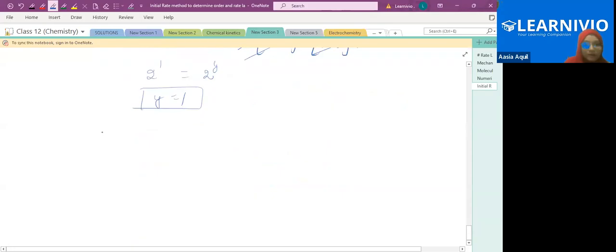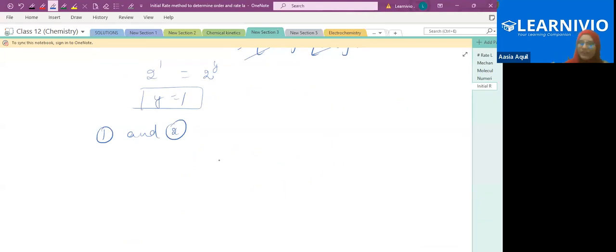Next, just take equation number 1 and 2, because you can see in the equations that the initial concentration of B is not the same for each and every experiment, it's different. So you can take 1 and 2 also, and 2 and 3 also. We have taken 2 and 3, so we can take 1 and 2.